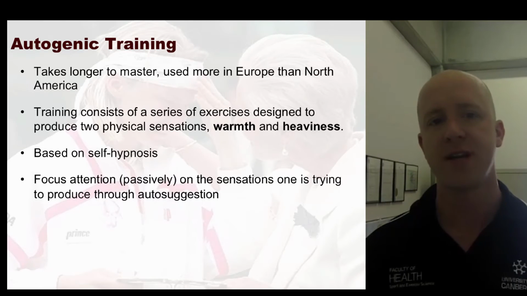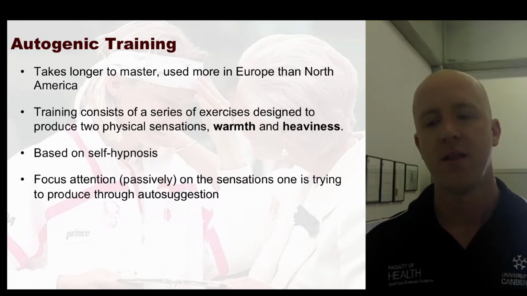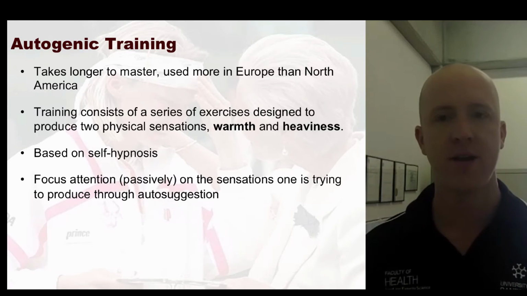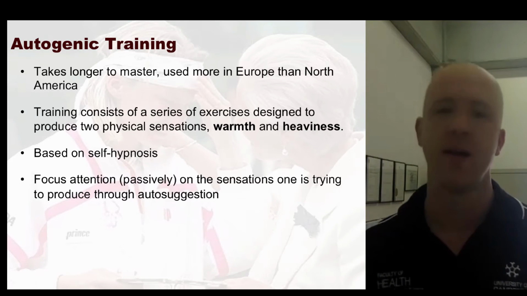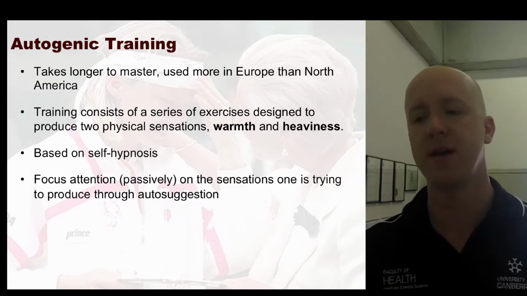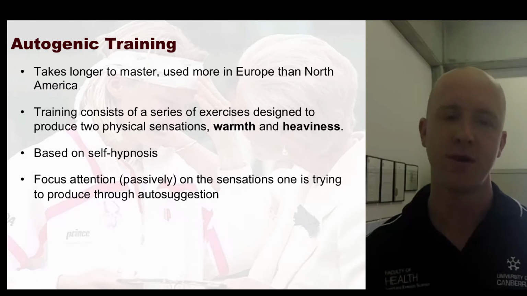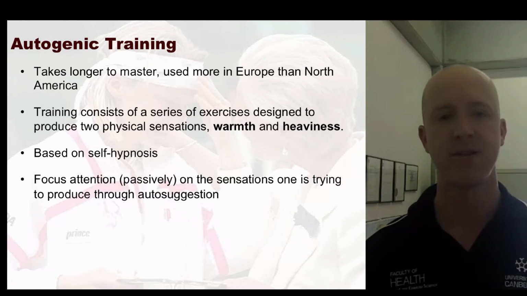The autogenic training idea is that we try and create this feeling of contentment and safety, and you often focus on physical sensations of warmth and heavy limbs and sort of relaxing rather than having to feel tense.